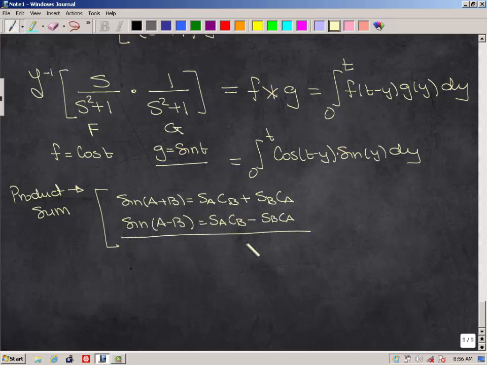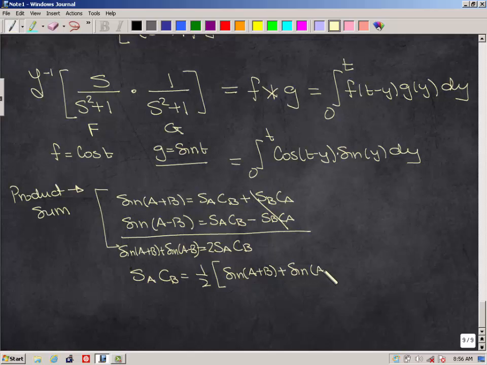If we add these two together, this would cancel, so we would end up with 2 sine of a cosine of b, and on the left we get sine of a plus b plus sine of a minus b. If you divide by 2, we get sine of a cosine of b is equal to 1/2 times sine of a plus b plus sine of a minus b. So that is the identity.